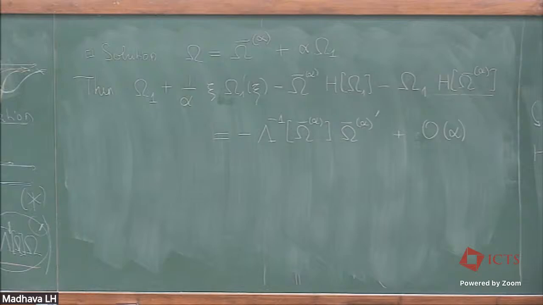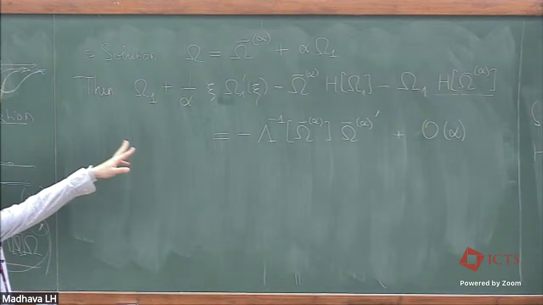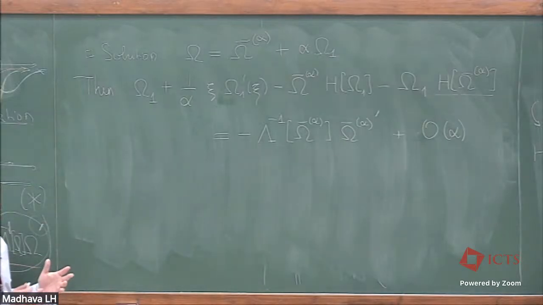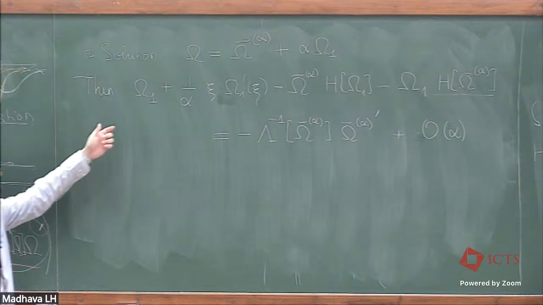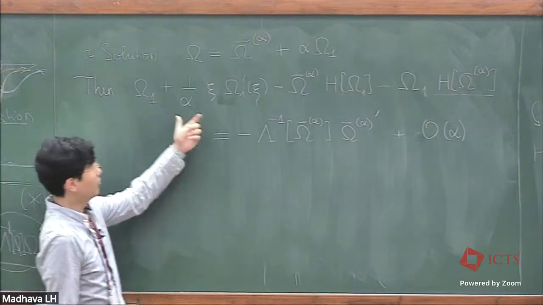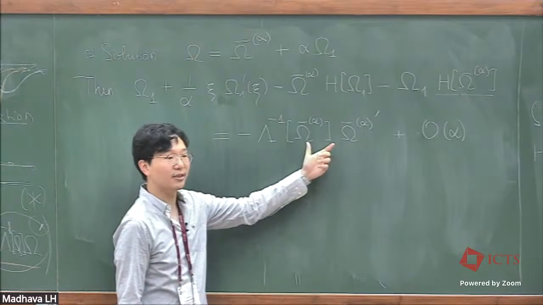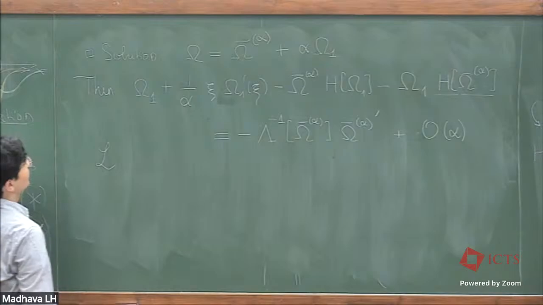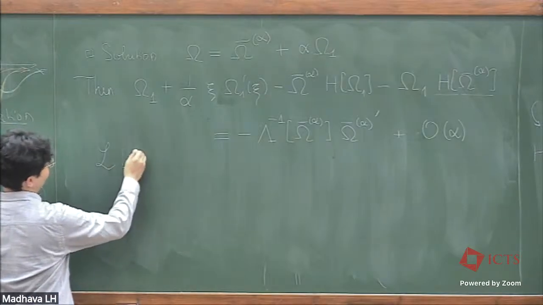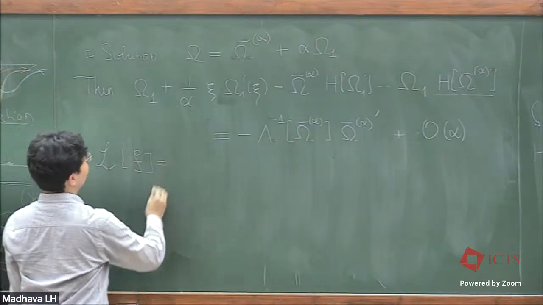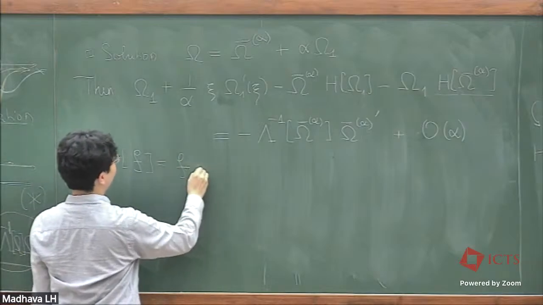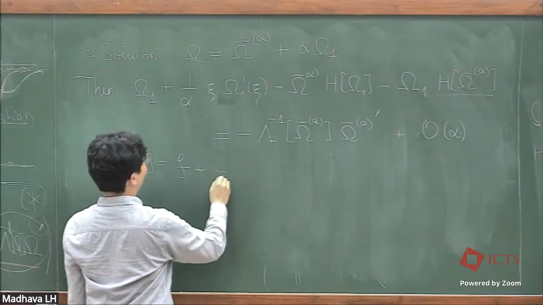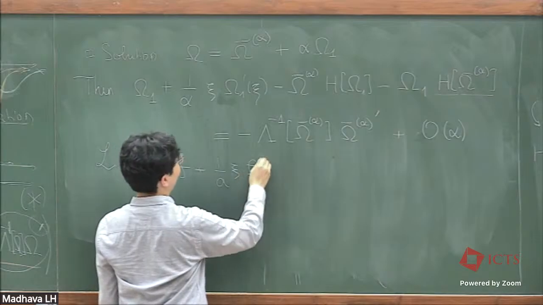So if you see the left-hand side, if you look carefully, it takes the form of a linear operator applied to omega 1. And the right-hand side is some given function, explicit. What is the linear operator here? The linear operator, say f for simplicity, is by definition f plus 1 over alpha c f prime.